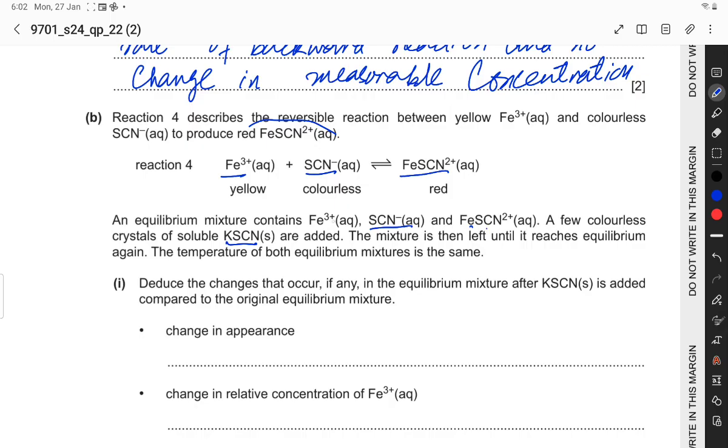If KSCN is added and the concentration of KSCN is increased, the reaction will shift forward according to the Le Chatelier principle, and the change in color is that it will become red.